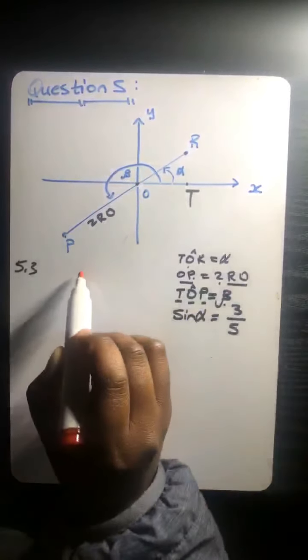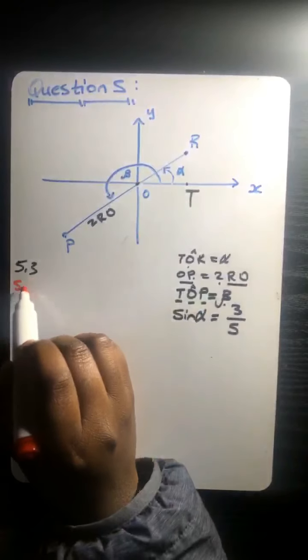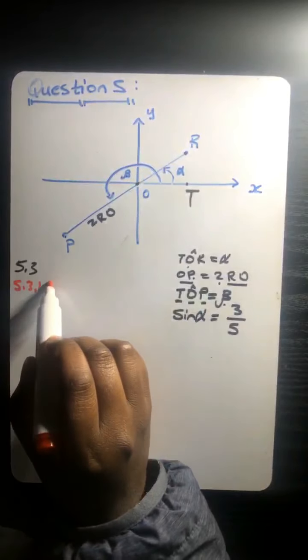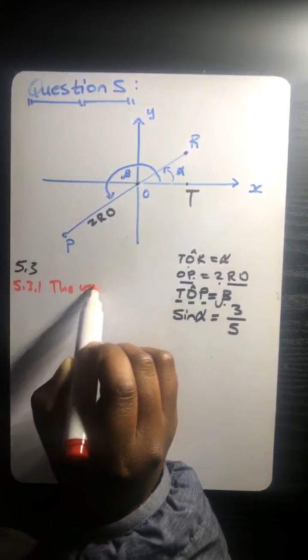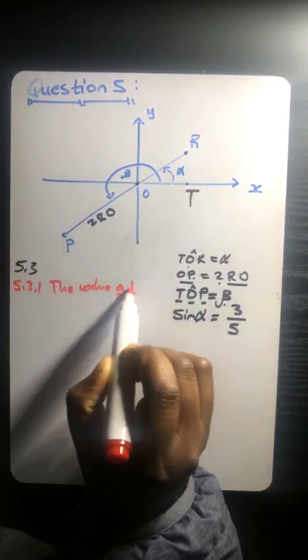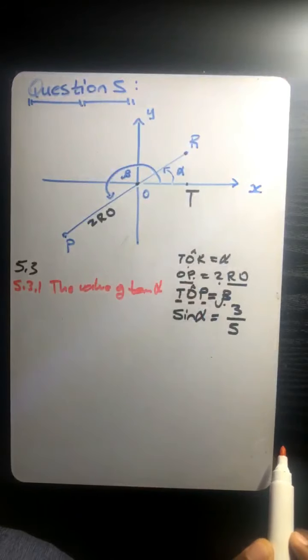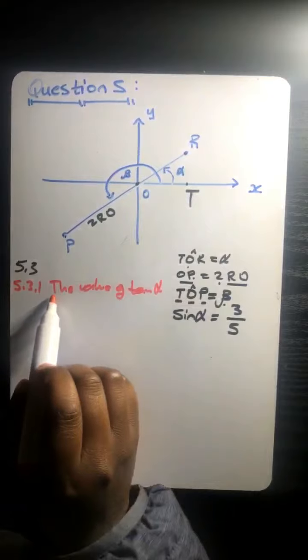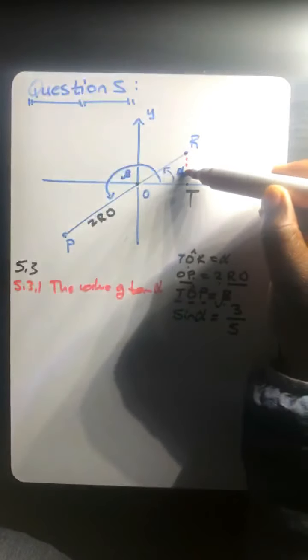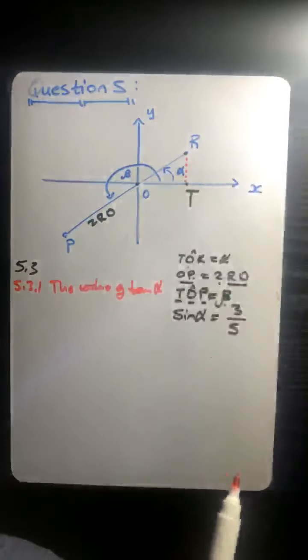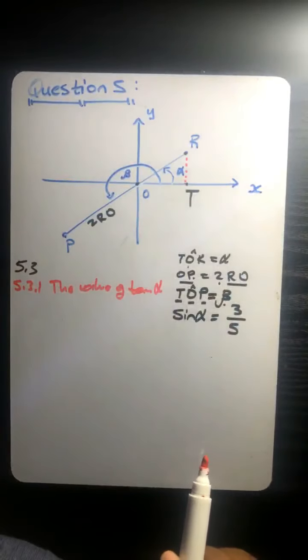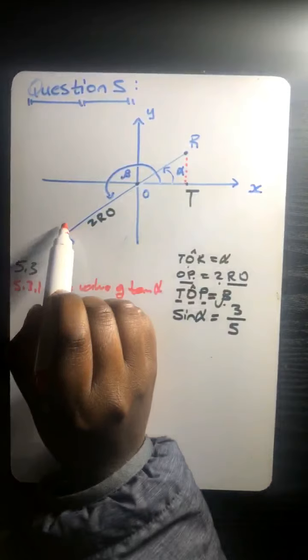Now, the first question says, remember, without using the calculator, determine the value of tan alpha. Something very important, guys: before you attend to the questions, just make sure that you've got all the sides of the given triangles.